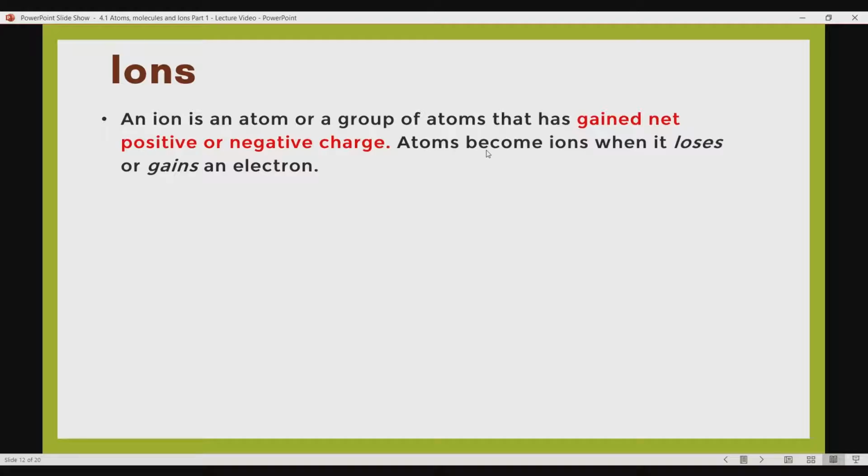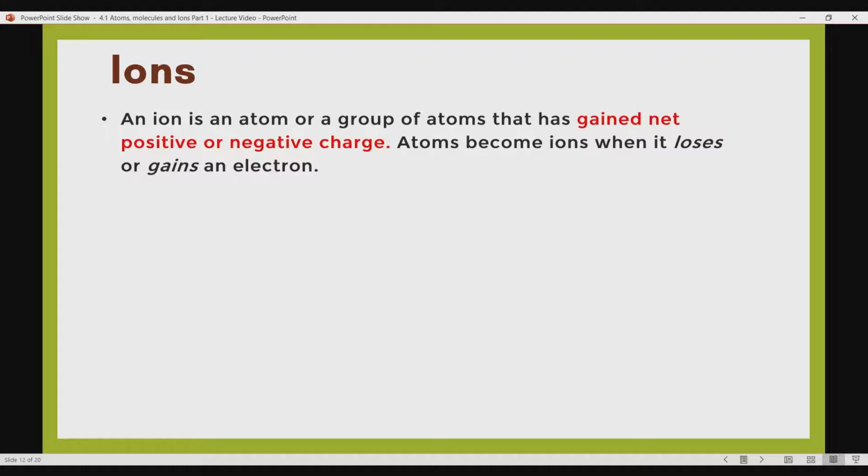So, ang atom po ay nagiging ion kapag nawalan o nakatanggap ng electron. Ulitin ko, tanggap o nawalan ng electron. Keyword electron lang. So, hindi pwedeng mawala o madagdag si proton, neutron. Again, electron lang. Okay? So, tandaan natin yan.